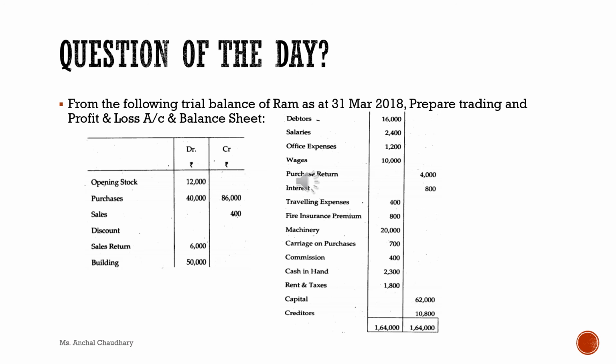Opening stock 12,000, purchases and sales 40,000 and 86,000, discount 400, sales return 6,000, building 50,000, debtors 16,000, salaries 2,400, office expenses 1,200, wages 10,000, purchase return 4,000, interest 800, traveling expenses 400, fire insurance premium 800, machinery 20,000, carriage on purchases 700, commission 400, cash in hand 2,300, rent and taxes 1,800, capital 62,000 and creditors 10,800.